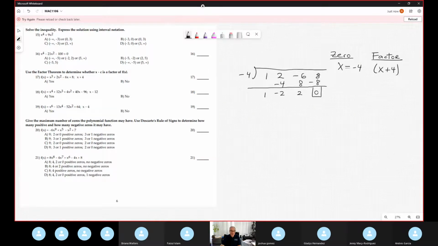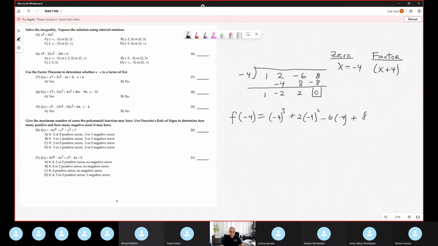This, guys, is equivalent to evaluating x at -4. So if you don't use synthetic division, you can evaluate -4 in the original polynomial: -4 cubed plus 2 times -4 squared, -6 times -4, plus 8.